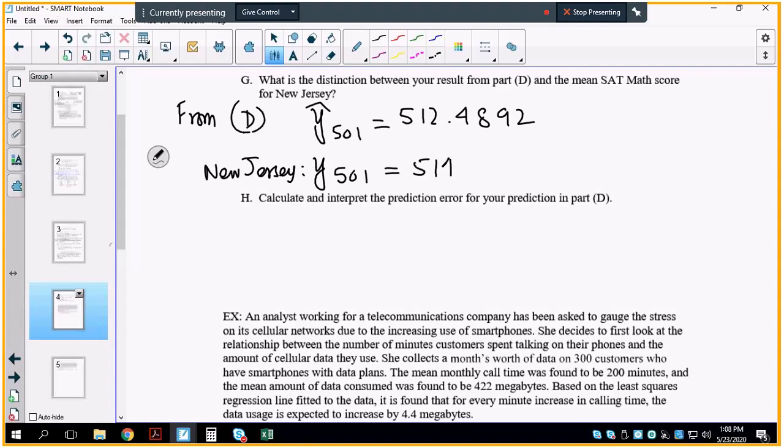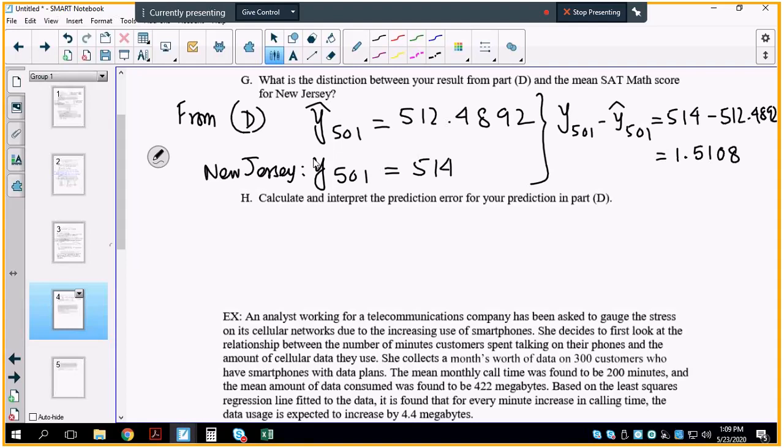So the difference is what? I'm asking you to find the prediction error. So Y 501 minus Y hat 501, actual minus predicted, is 514 minus 512.4892, which is equal to 1.5108. So that is the difference.